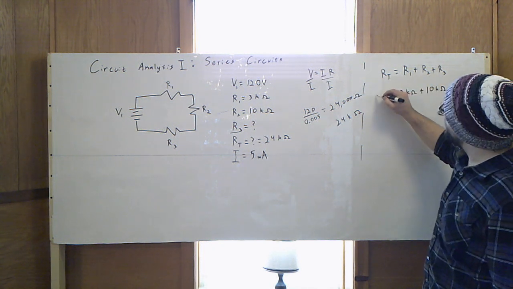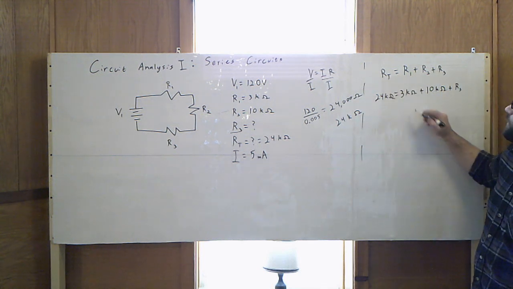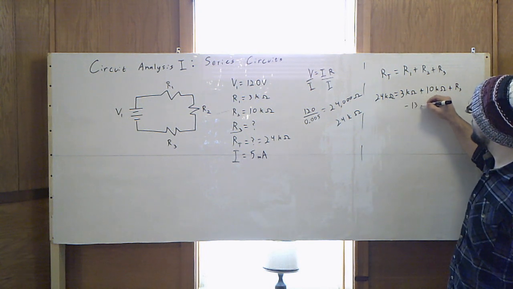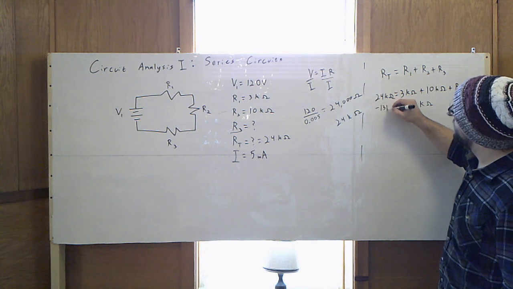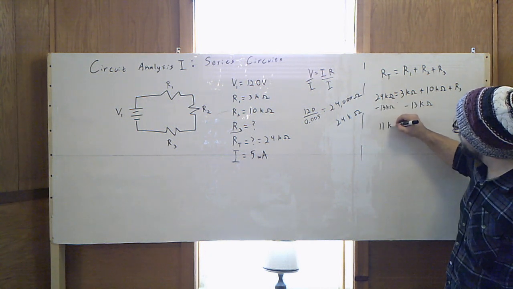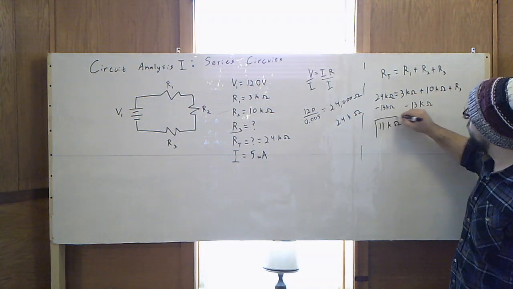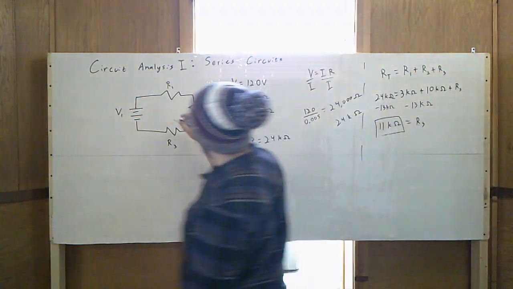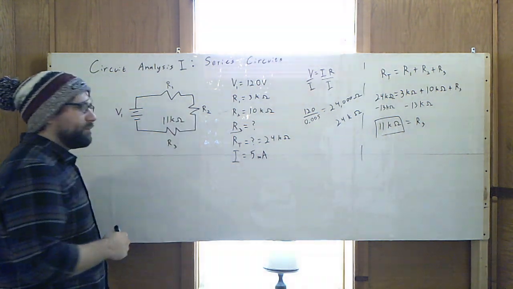All of that will be equal to 24 k ohms. So all we need to do is subtract 3 and 10 from both sides. So we're going to subtract 13 k ohms from both sides. And that'll leave us with 11 kiloohms. So the value of R3 is 11 kiloohms. So R3 right here is 11 kiloohms. There we go.